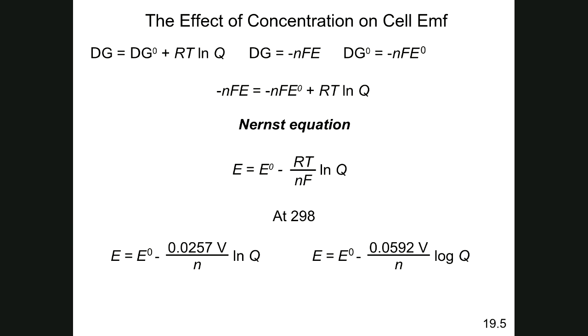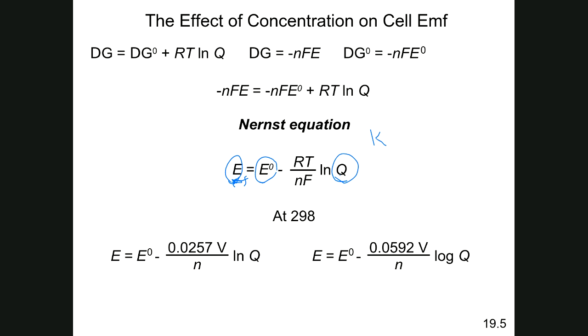Concentration. At different concentrations, the E cell is going to be different. So this is at 1 molar. This is going to be at different concentration. So if you have a different concentration, you don't have the value for K. Instead you have the value for Q. So at a different concentration, E0 can be different from the E cell.